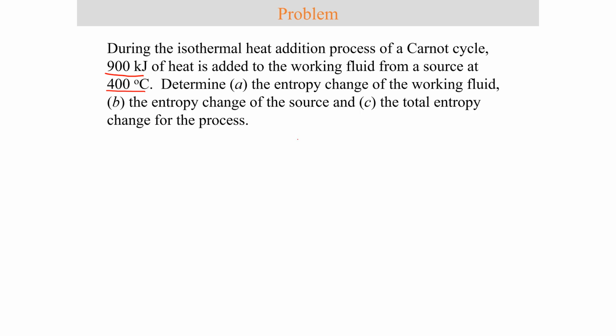So it's asking us to find the change in entropy of the working fluid that's absorbing the heat and the change in entropy of the source that's giving up the heat. As that heat travels, it carries with it entropy. So again, we can quantify this as the integral of dQ over T, which ends up just becoming Q over T. So if you're looking at part A, we're trying to find the change in entropy of the fluid.